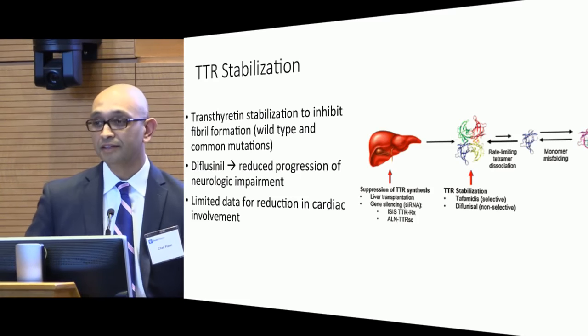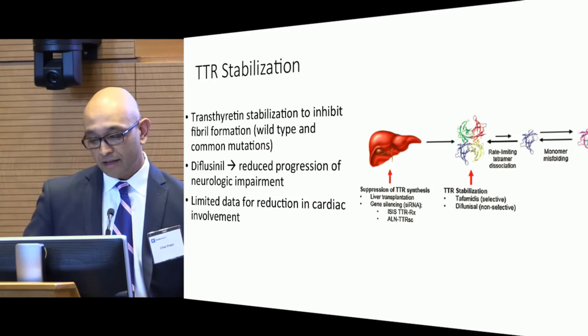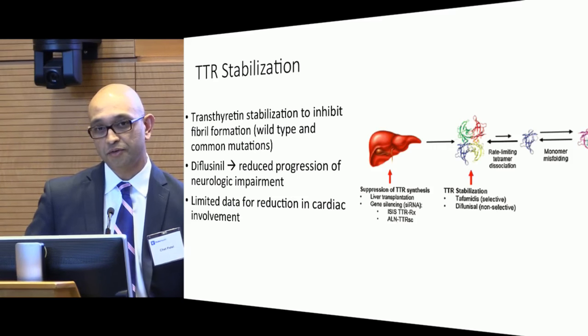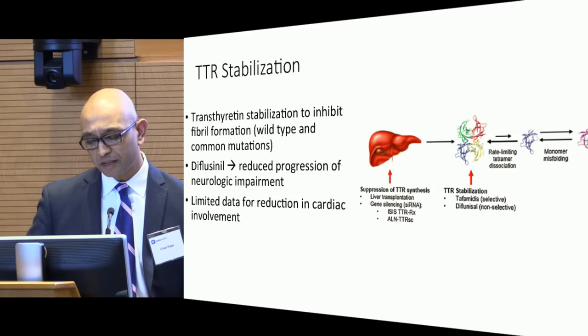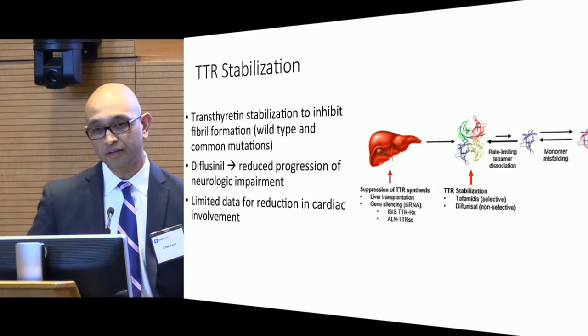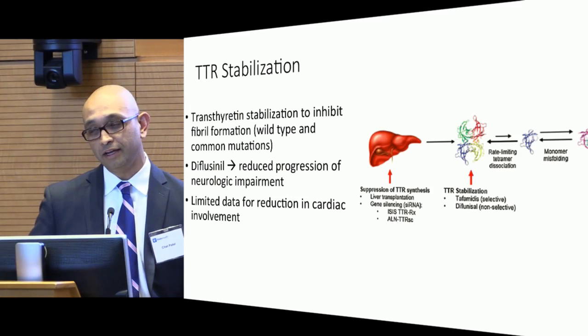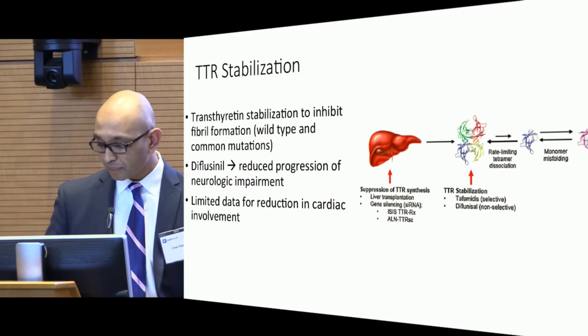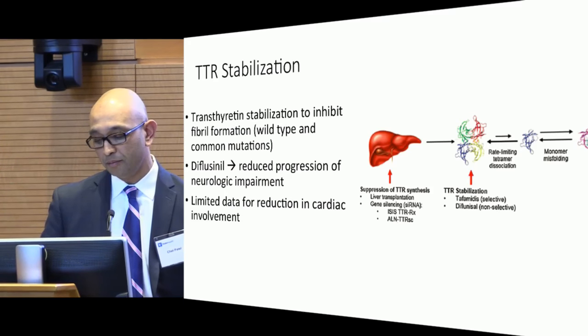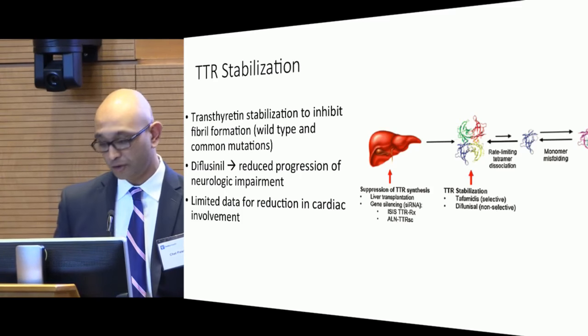Diflunisal is an NSAID, and has quite good data for reducing deposition within neurological tissue and symptoms of neuropathy. There's actually limited data for reduction in cardiac involvement, but in our practice, this has been one agent that we've used to try and stabilize TTR and reduce deposition in patients who have both neurologic involvement and cardiac involvement.